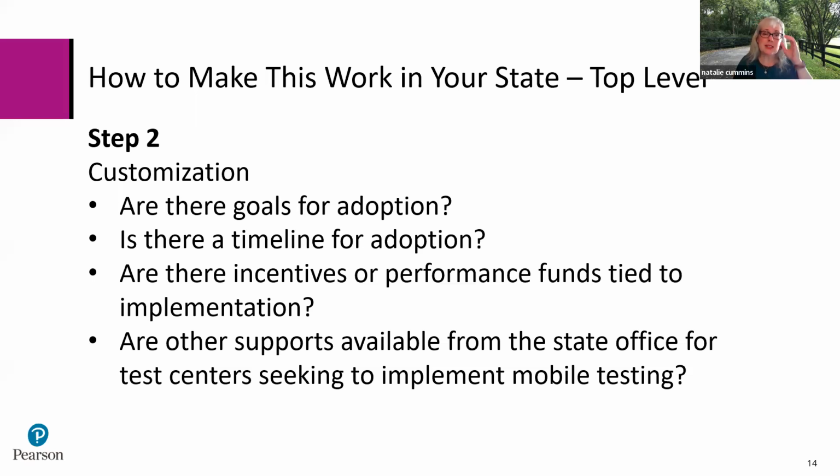Do you have a set number of mobile sites that you want to establish? Do you want to cover all the counties in your state? When Arkansas set out to really address their test coverage issues starting in 2020, they had goals. They shared those goals out to the state, and their goal was to have every county in their state covered.